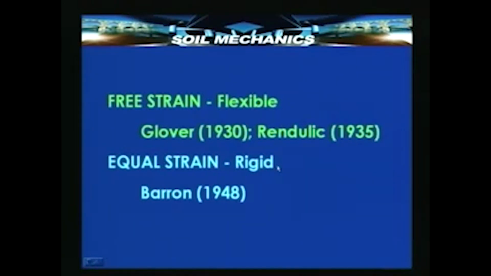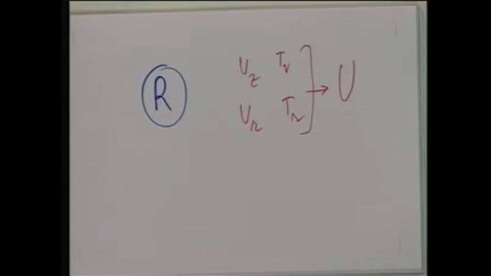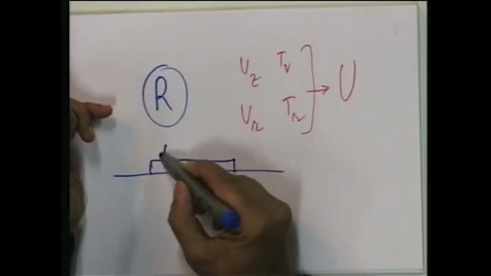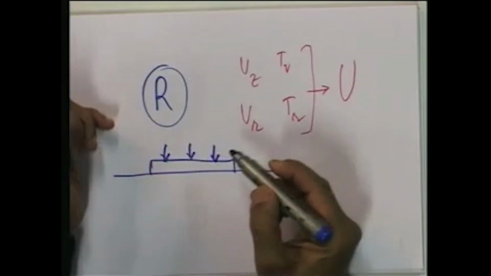In order to see what should be this value of capital R, we have to see two possibilities. There are two ways in which this 3-dimensional consolidation can take place. Suppose there is a certain load that is resting on the soil. This is the soil, and suppose there is a loaded area and this is some load resting on the soil.